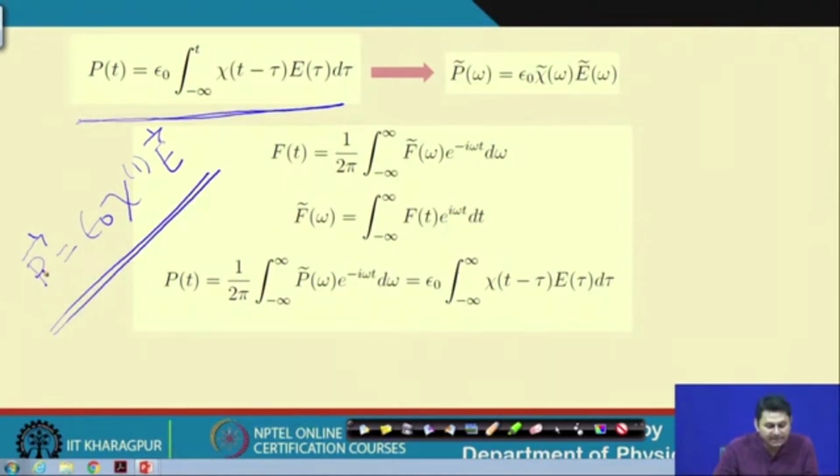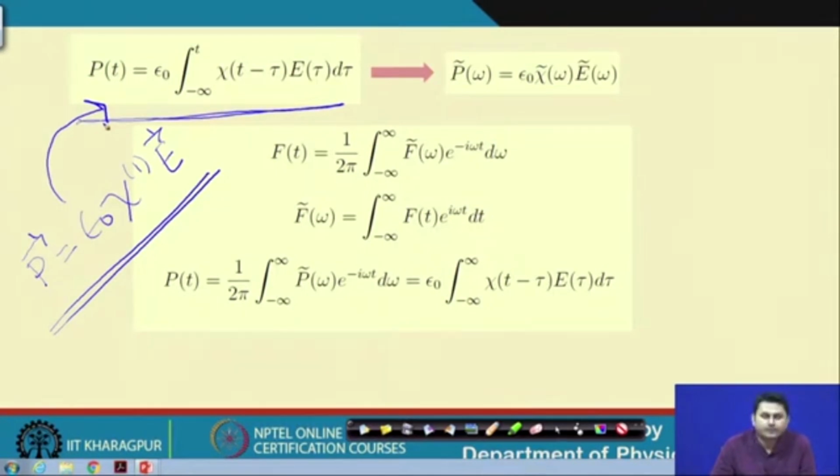If that is the case, we should write this equation in this form, because this is the correct form to represent the relationship between the polarization and applied electric field when they are in time domain. So, there are two kinds of domain I should mention here, one is time domain and another is frequency domain. When we try to find out what is happening in time, then this should be the equation one can write.